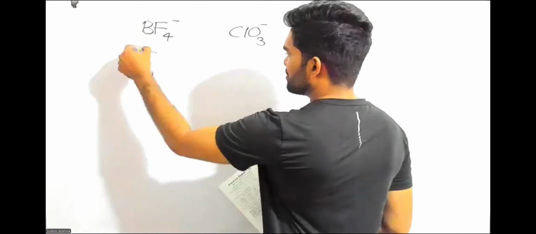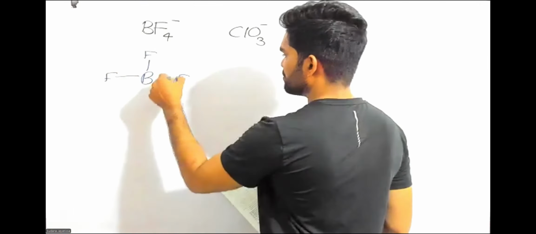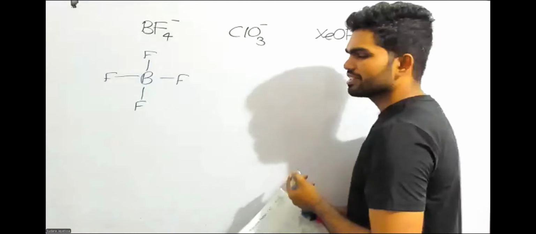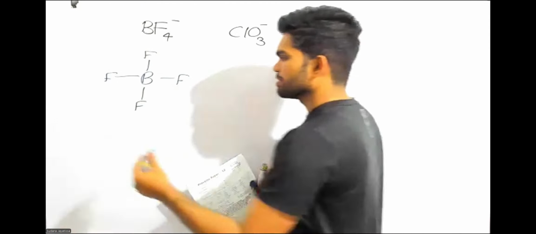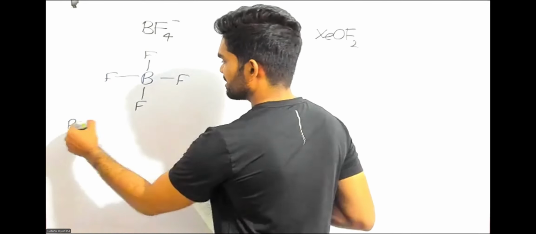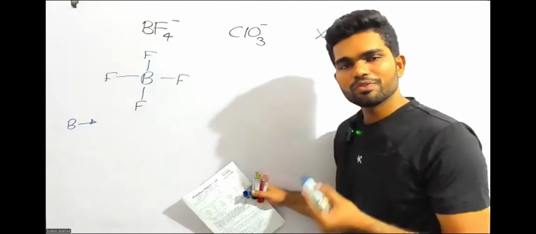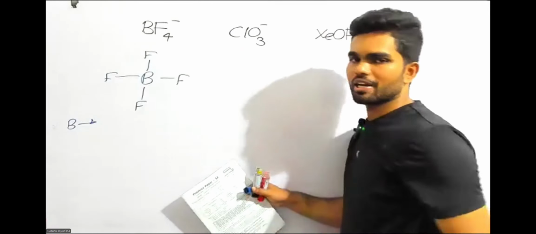Now here, what is the central atom? Boron. Around boron, you have 4 fluorine atoms. Now if we consider the Lewis method, first it asks you to get the number of valence electrons. You can easily get this by looking at the group number.